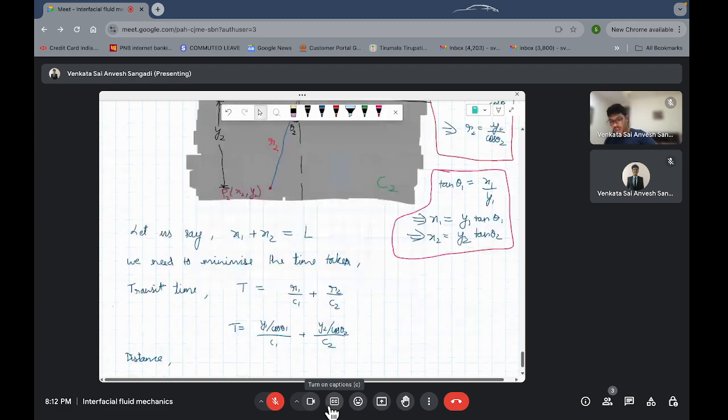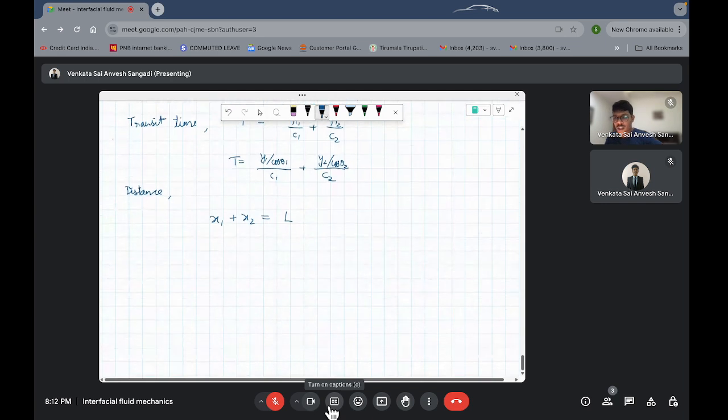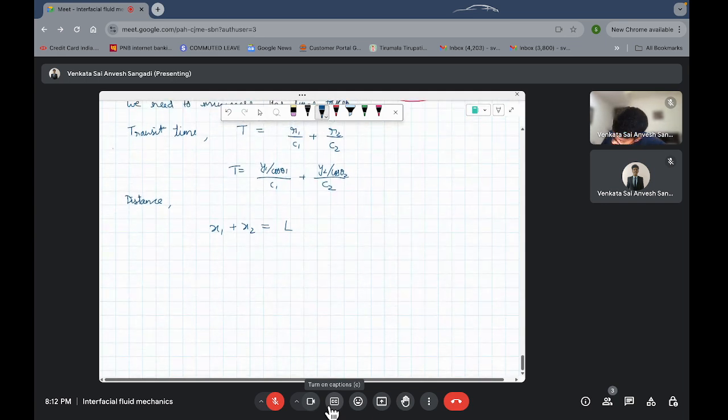So substituting this, we have y1 tan theta 1 plus y2 tan theta 2 minus L equal to 0. So this is our constraint, and the time needs to be minimized.